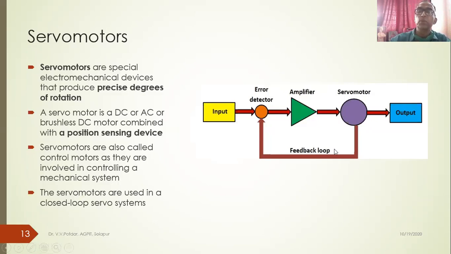If I don't have this loop, I call this an open loop system. When I have this feedback loop for sensing the signal, this is called a feedback servo system or closed loop servo system. Much more detail of these control systems we will be studying in the 5th and 6th units.